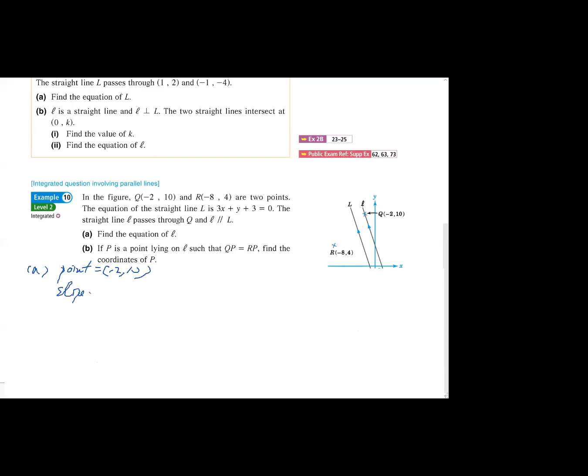Slope of small l is not given directly. Okay, but we know that small l is parallel to capital L, which means that their slopes will be exactly the same. Okay, but what is the slope of capital L? Slope of capital L is also not given. Okay, but what is given is the equation of the straight line capital L, 3x plus y plus 3 is equal to 0.